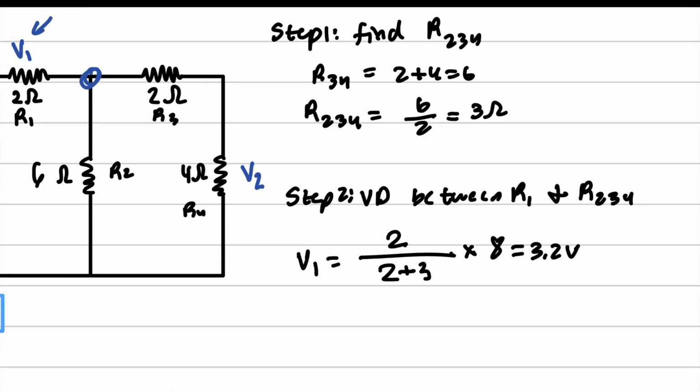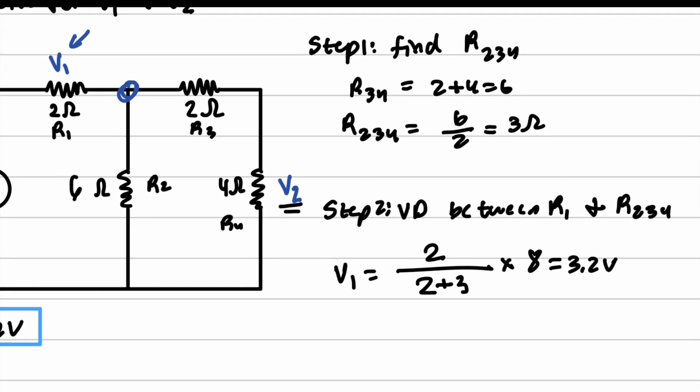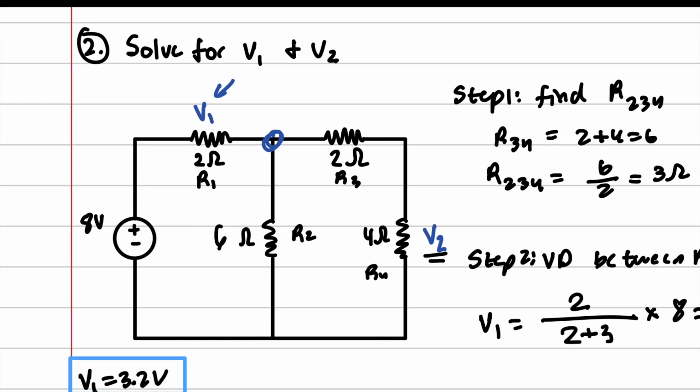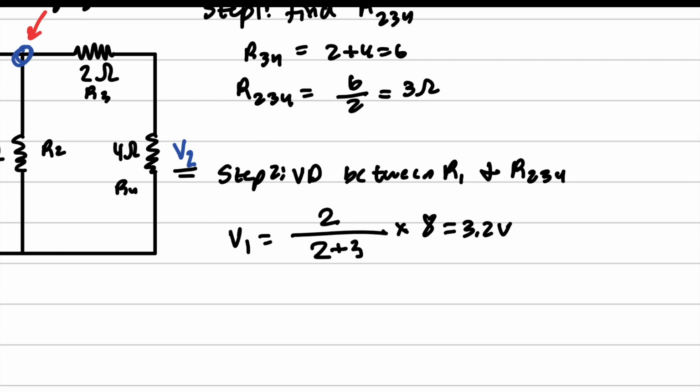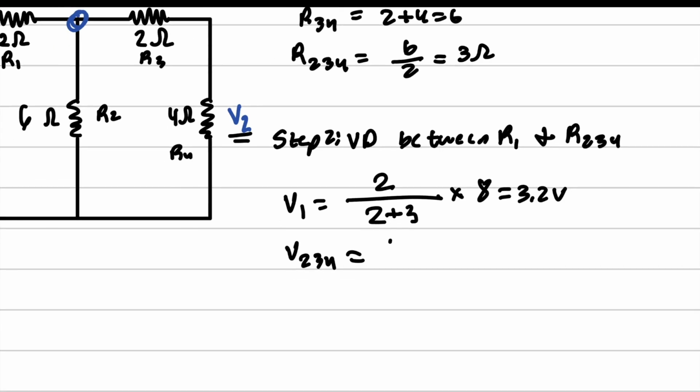And now we have to find V2. So how do we find V2? Well, we're going to have to find the voltage right here, which is just going to be 8 minus 3.2, or you can find V234, which is going to be 3 over 2 plus 3 times 8, which will equal 4.8 volts.